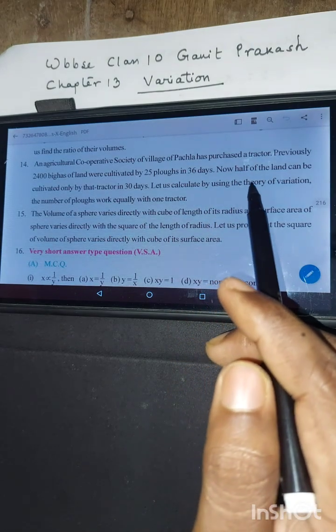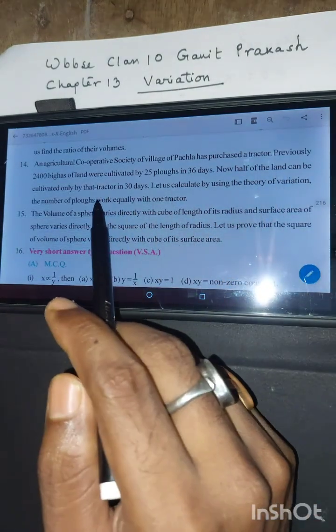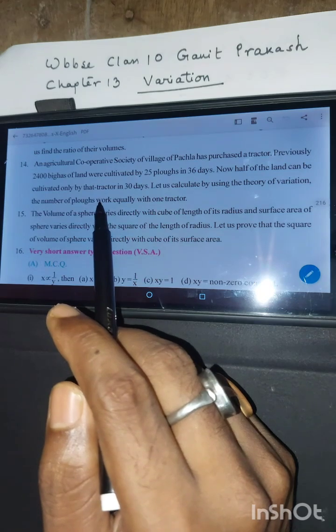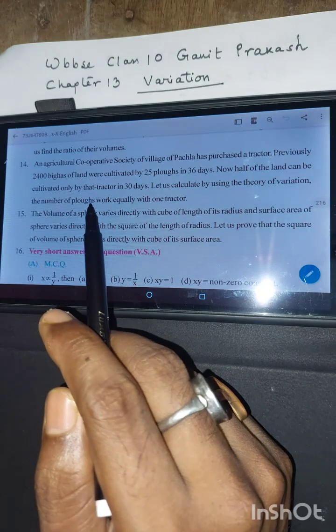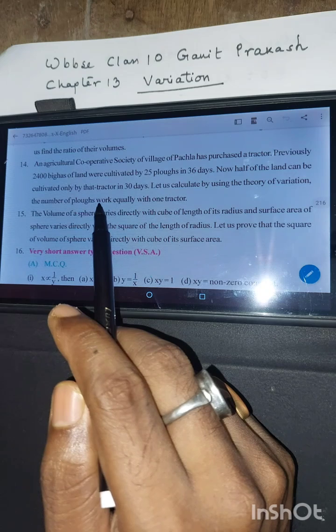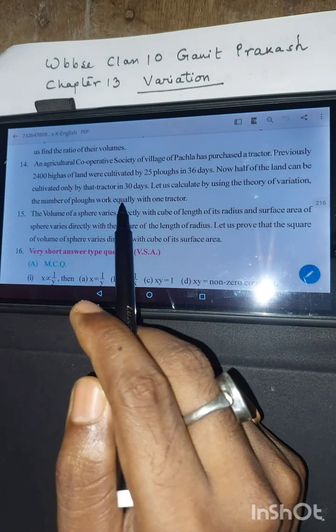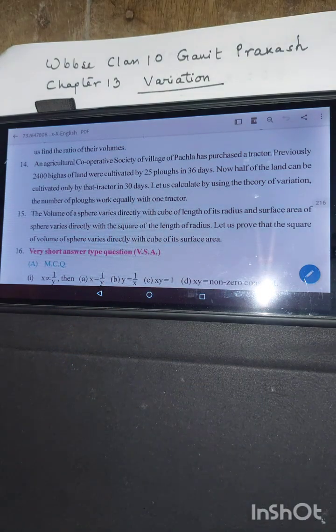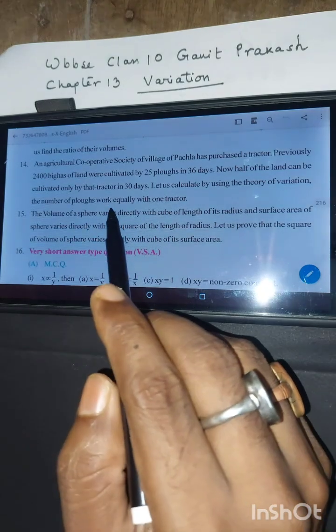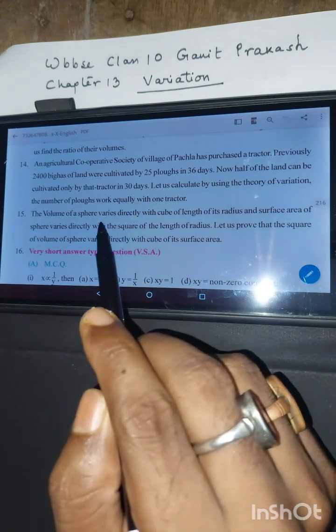Now half of the land can be cultivated, that means 1200 bighas of land can be cultivated by that tractor in 30 days.